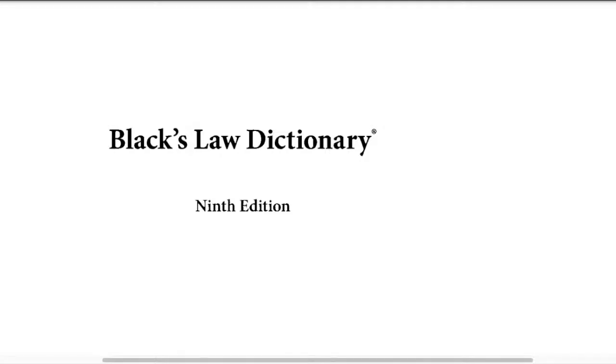So let's look up individual, and see what we get in Black's Law if we could pull up a good definition of it here.